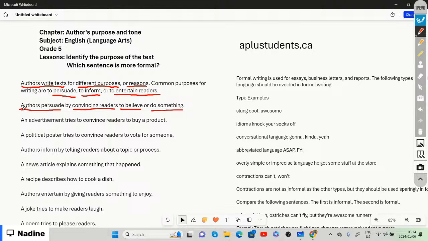And then when it comes to news articles or newspapers, news articles explain something that happened. Every single day, newspapers will be on sale, or for free, depending.